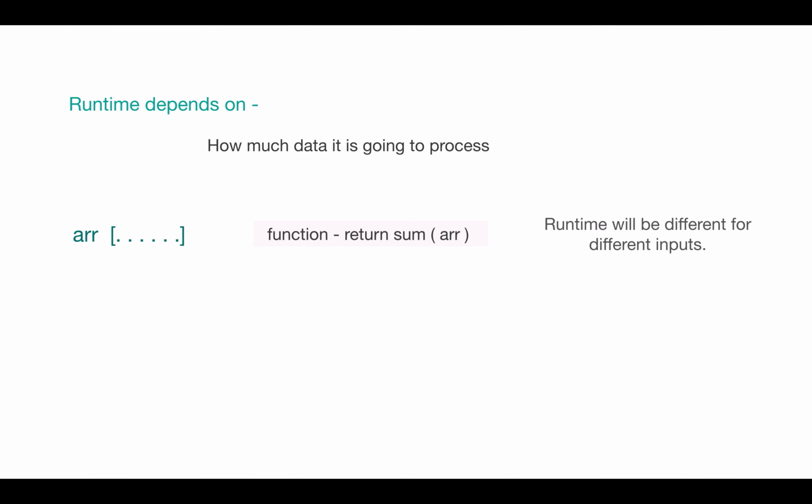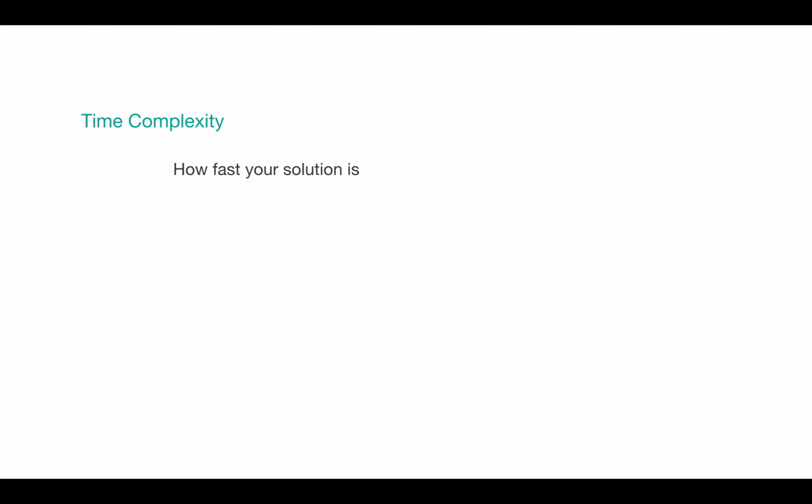It will be quick even for 100 or 1000 elements, but it won't be that quick for 10,000 or a million or a billion elements. So the most important factor that affects the execution time is input size. And here we see that time complexity is not just about how fast your algorithm is, it actually cares about how fast the algorithm runs when the size of input increases.